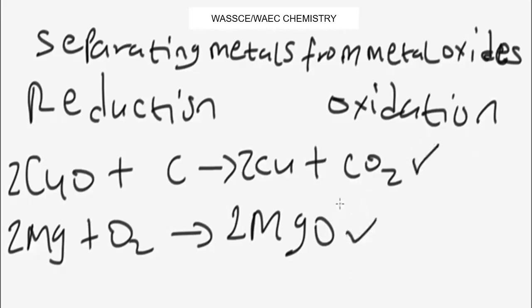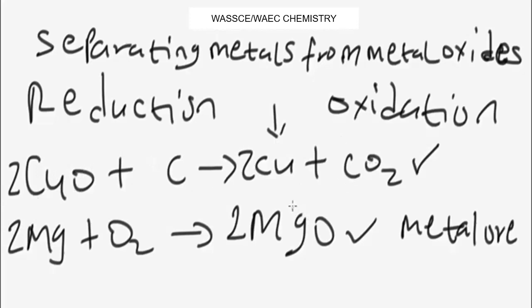All right, now note that in oxidation reaction, metal ores are formed. Metal ore is formed. Okay, for instance, magnesium oxide is the ore, whereas in reduction reaction, metals are extracted. Okay, so a metal is extracted in reduction reaction, just like here, copper got extracted from this ore, copper oxide.